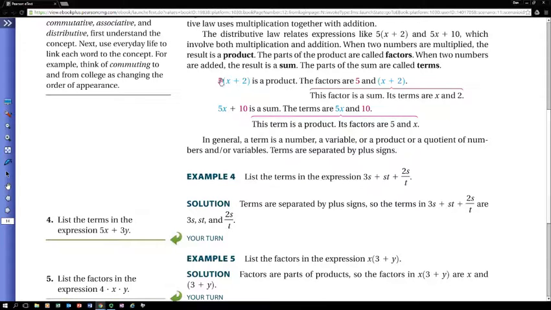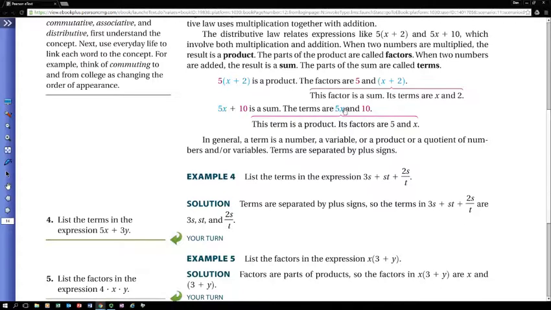So they're saying, well, also I could have 5x, which is this multiplication of 5 times x, plus 10, is considered a sum right here, because really the pieces to this thing are added, or terms, right? So they talk about the terms of this sum or addition: they are 5x and 10.